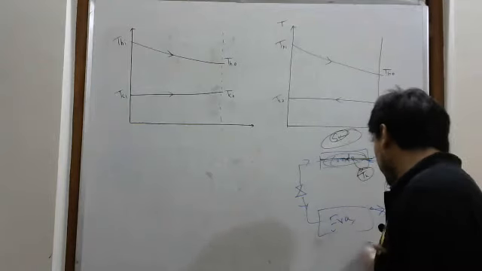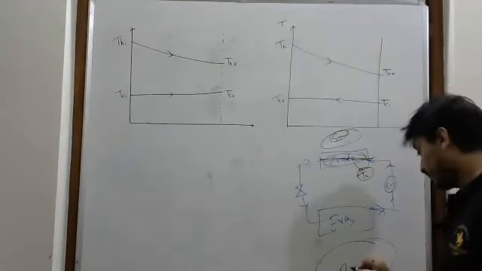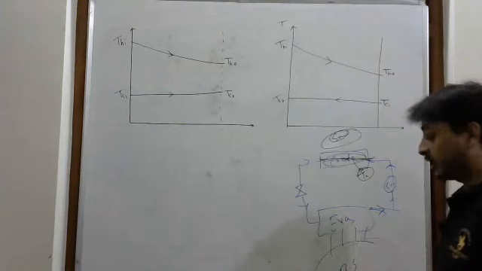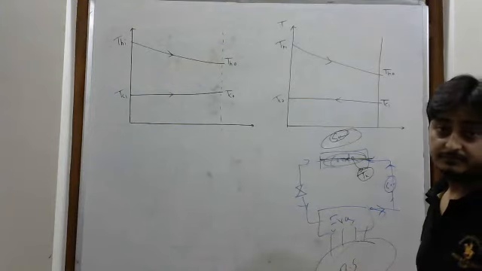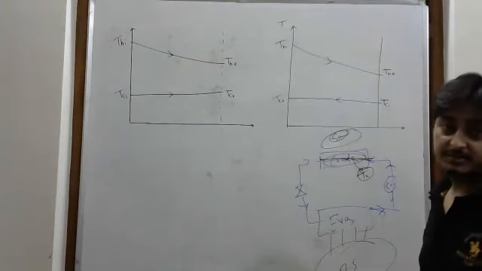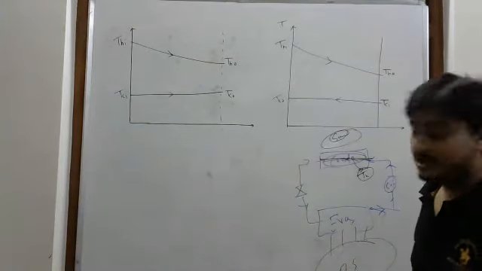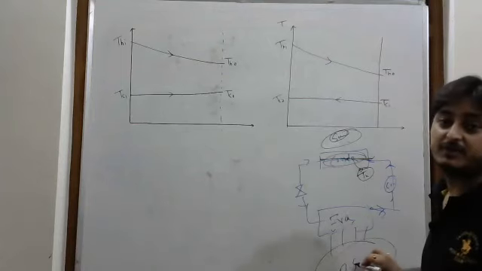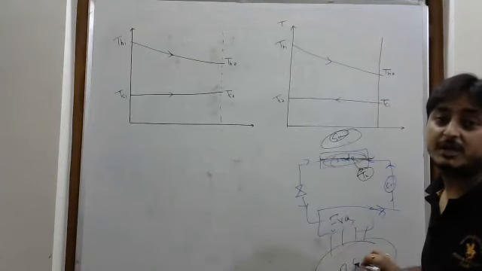What is the evaporator? Here is your food storage. From here it will pick up the heat. So which temperature is constant here? Lower temperature. Because if this temperature is not less than the food temperature, what will happen?